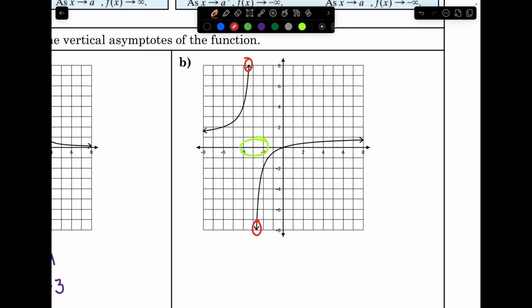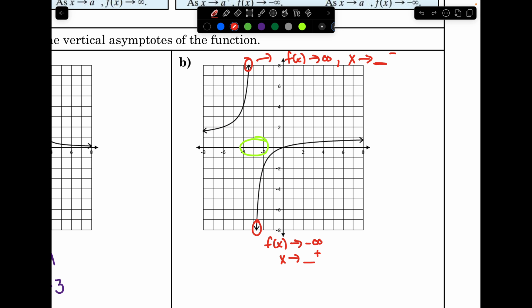So my function f of x is approaching negative infinity as x is approaching some value of a from the positive side. And over here, f of x is approaching positive infinity as x is approaching, again, that same number, just simply from the left side, from the negative side.